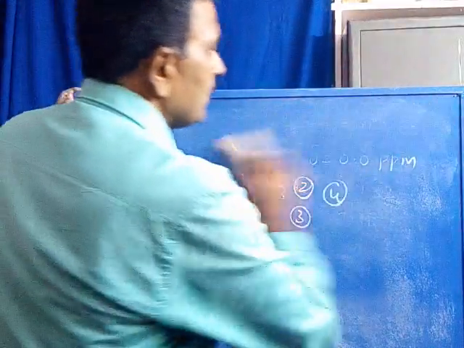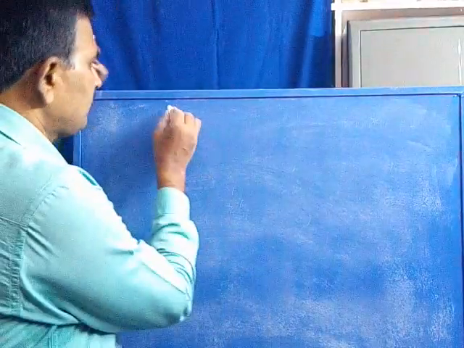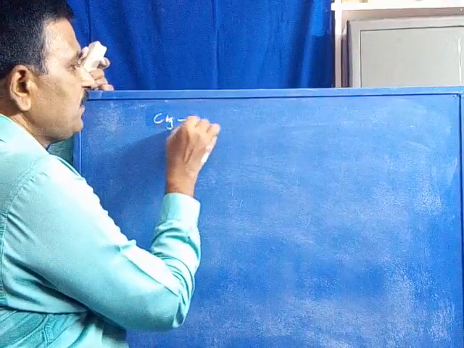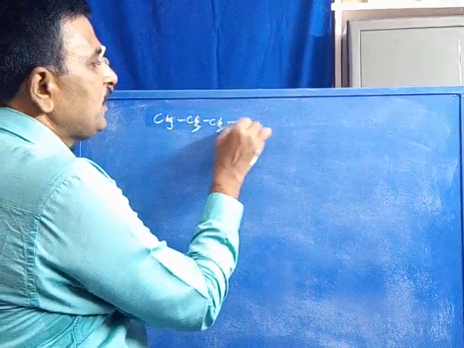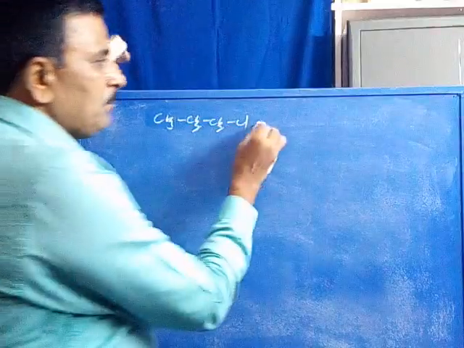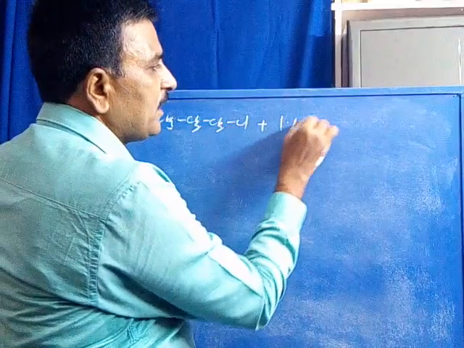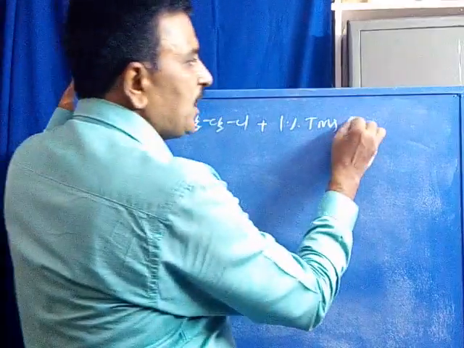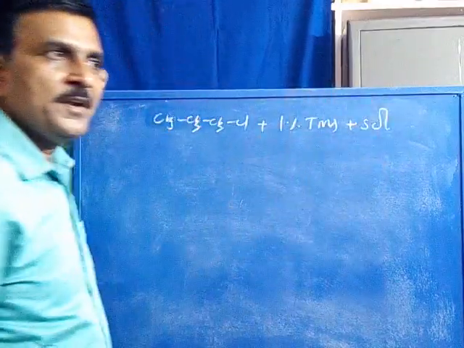Now, for the comparison of absorption frequencies of a sample proton, for example I am taking CH3, CH2, CH2, Cl as a sample, plus added 1% tetramethylsilane plus a suitable solvent.